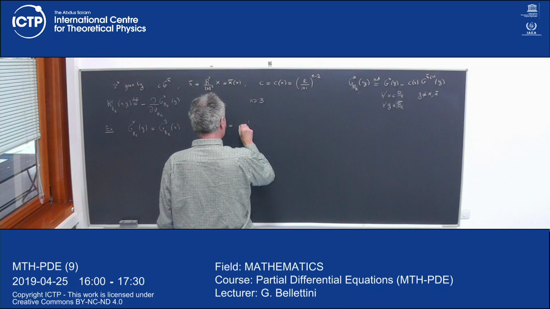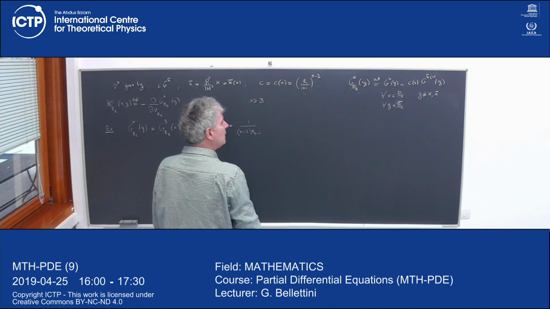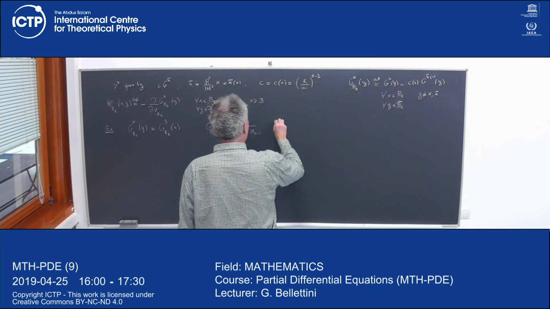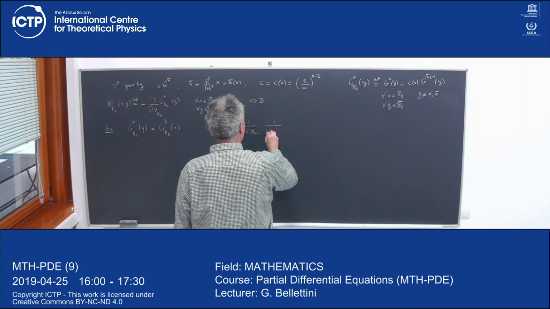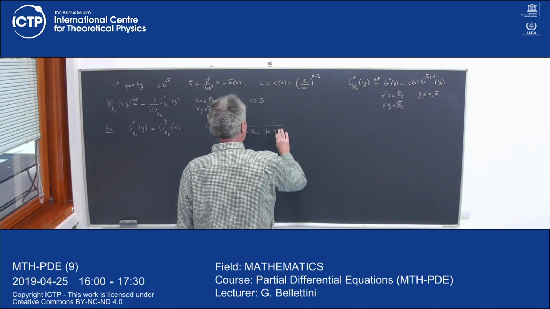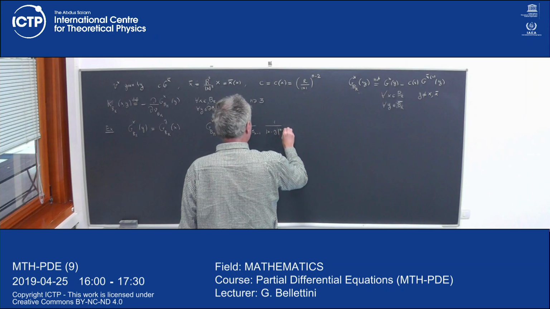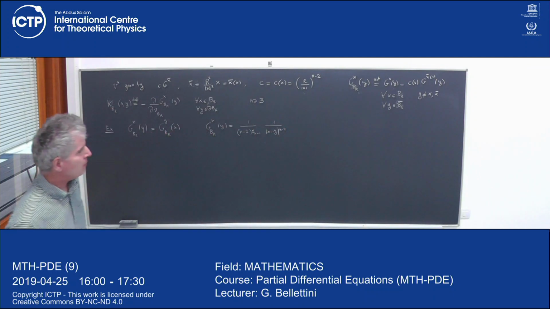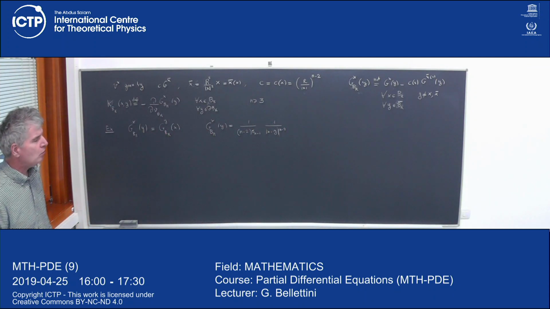The constant is 1 over n minus 2 sigma n minus 1, and then we have 1 over |x minus y| to the power n minus 2.